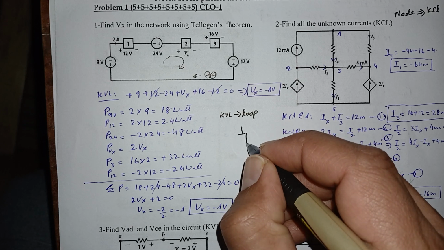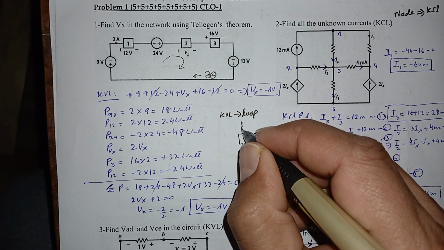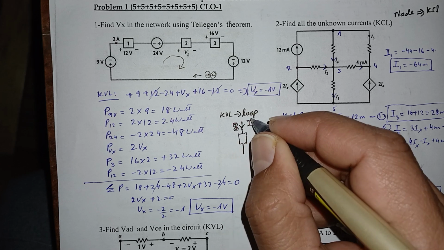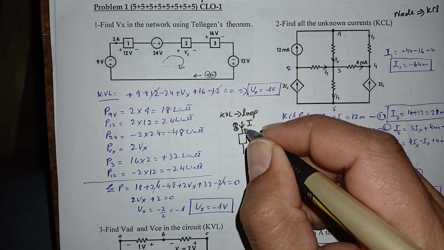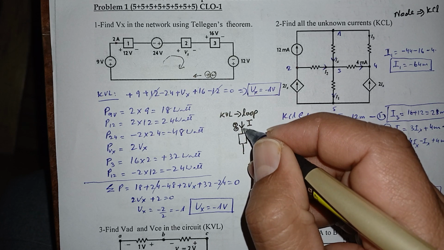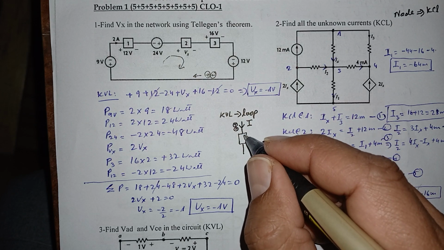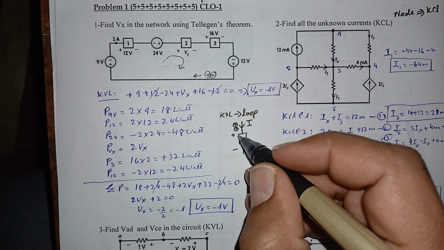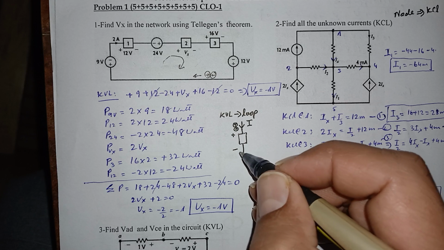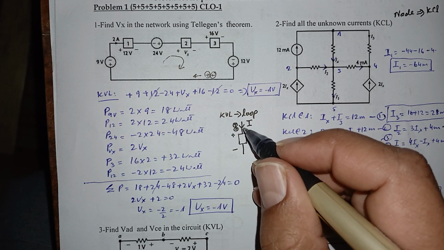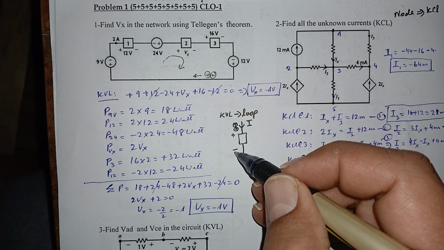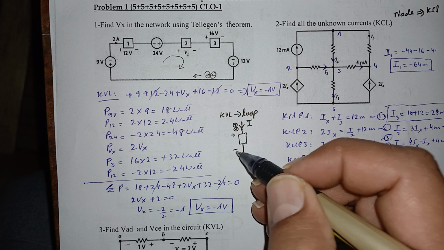The book notation is like this: if there is some element and this I is positive, it means the positive charge is flowing in this direction, from the upper side here. If positive charge is flowing through a passive element, it will flow from high to low and it will lose energy, similar to gravitational potential: if you are at a high altitude and go towards a low altitude, you lose potential energy.